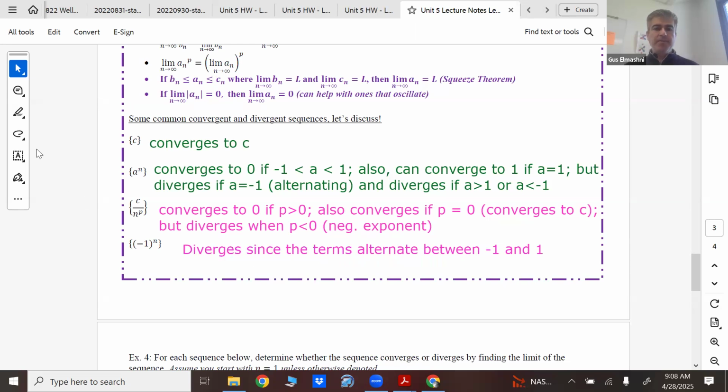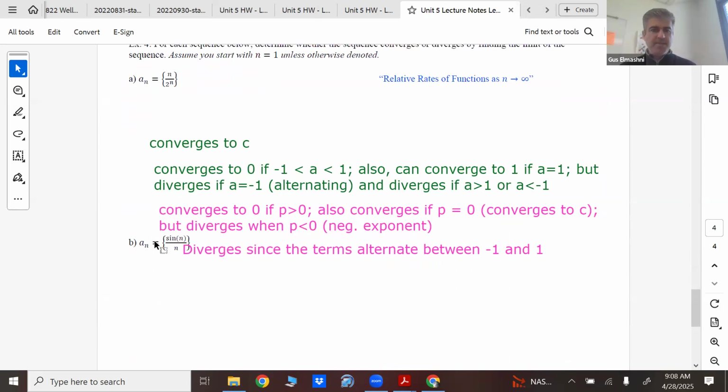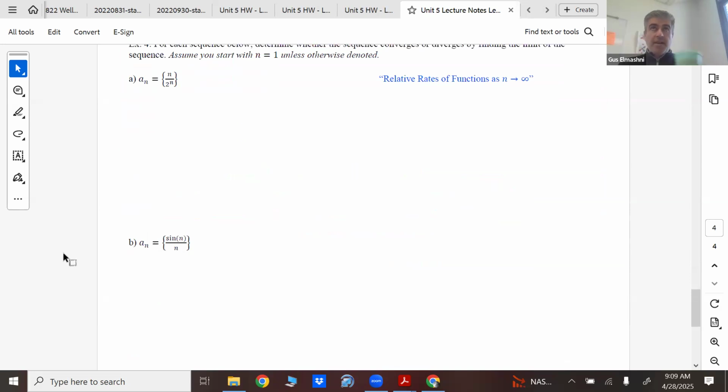Okay, last page. Ooh, this is a good one. Give me a sec here.